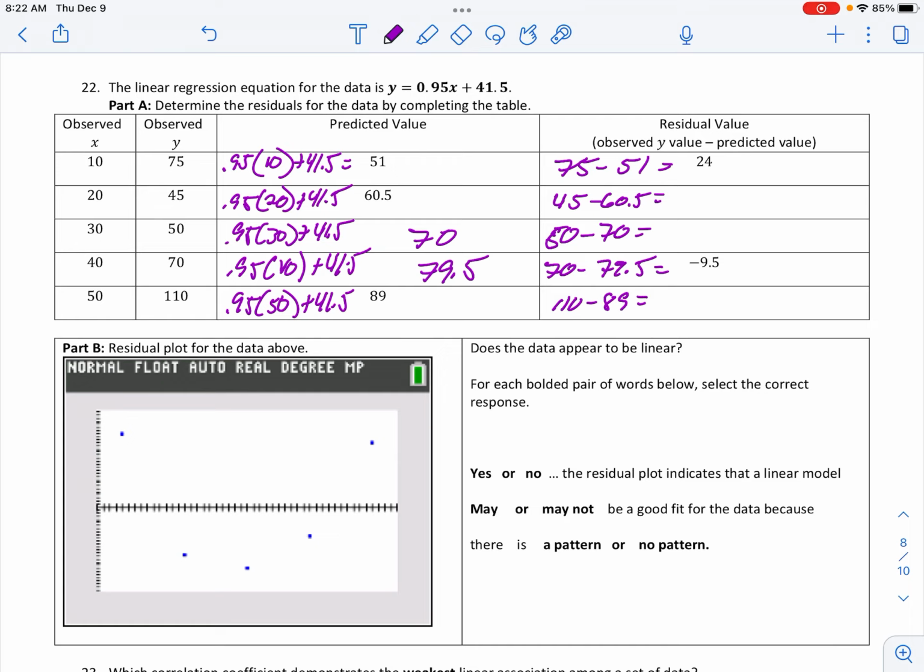So 45, just go and subtract it. 45 minus 60.5 gives me negative 15.5. 50 minus 70 is negative 20. And the last one there, 110 minus 89 gives me 21.